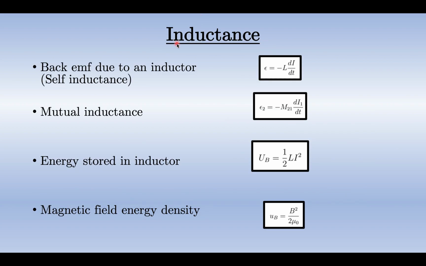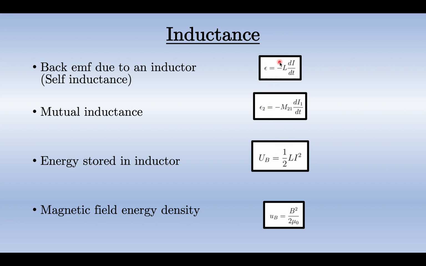Then we have the topic of inductance, which is just extending the ideas of Faraday's law to changing currents. We have different formulae which can be derived, like in the case of an inductor, the back EMF, or basically the EMF induced due to self-inductance. We can get that to be minus L di by dt. These are a few formulae which I have learned in 12th grade, so there isn't really much more to it than that.